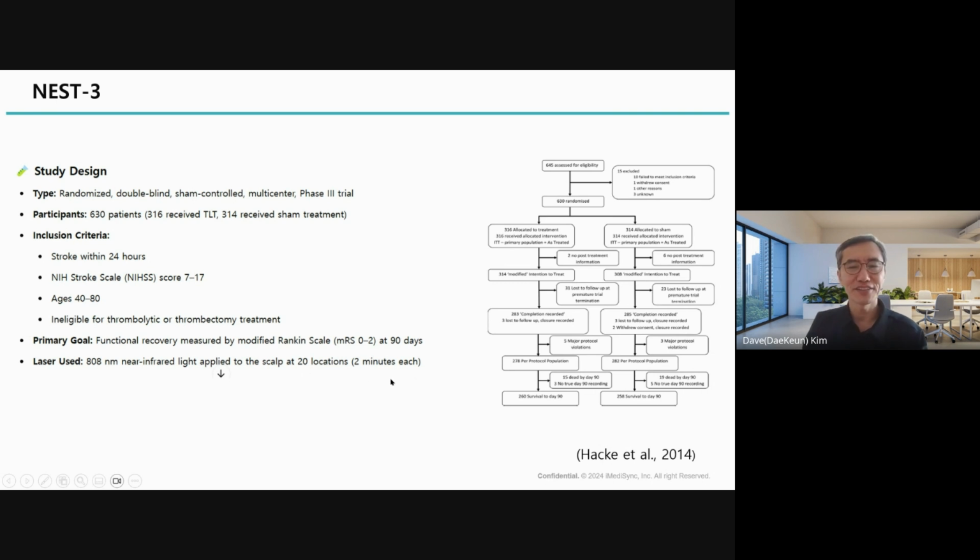It takes 40 minutes for each person. The basic idea is just one stimulation within 24 hours. So within the 24 hours, their stimulation is very limited, basically.